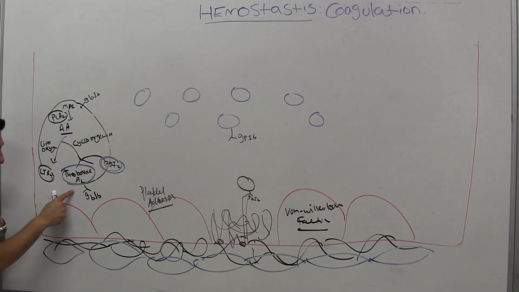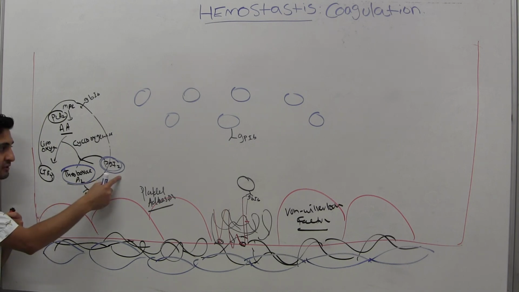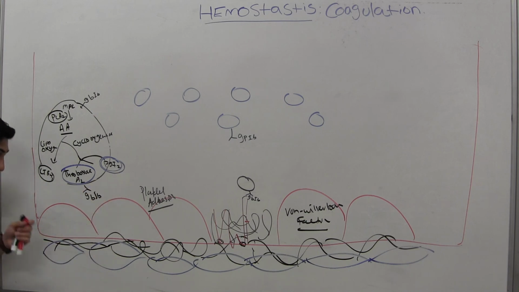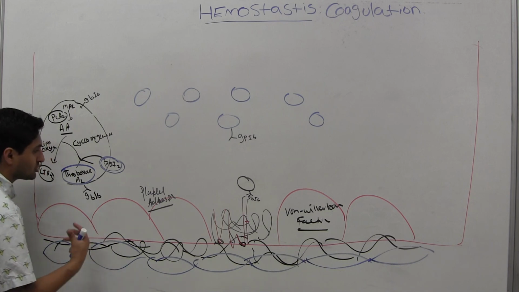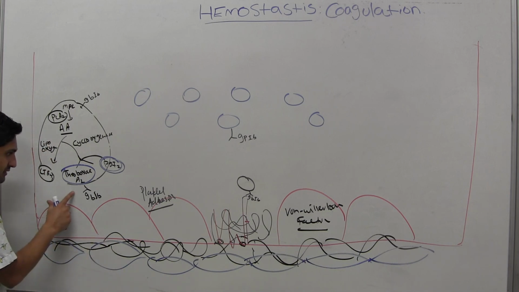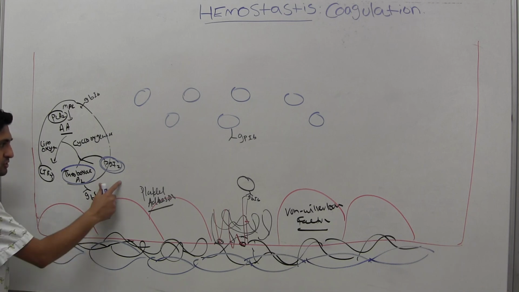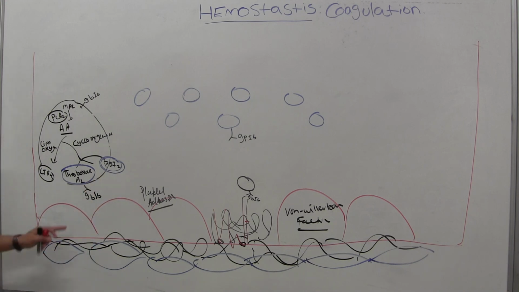Thromboxane A2 is procoagulant; it wants to coagulate, and it is a platelet aggregator. Prostacyclin is anticoagulant and antiplatelet, so it doesn't allow coagulation to form.